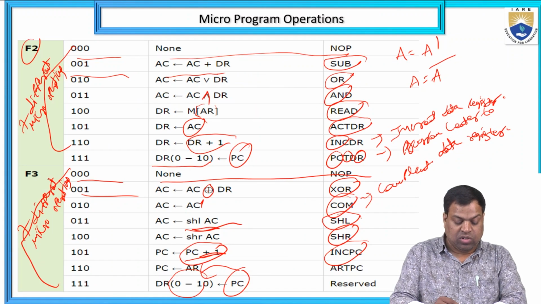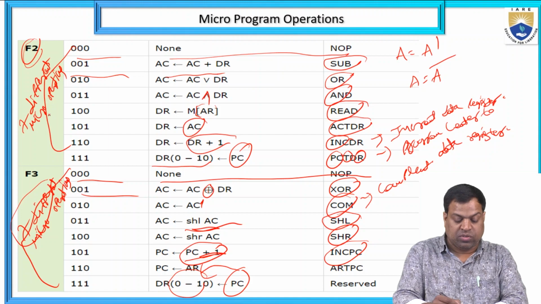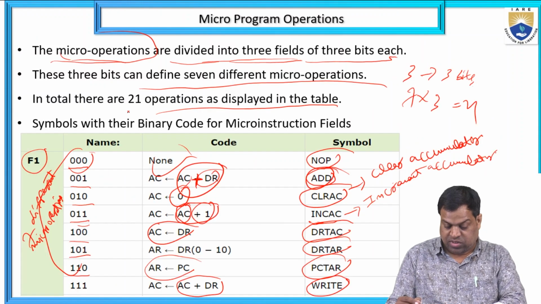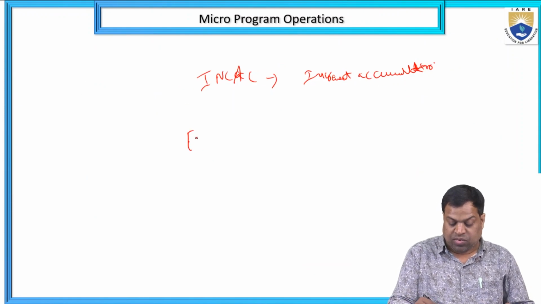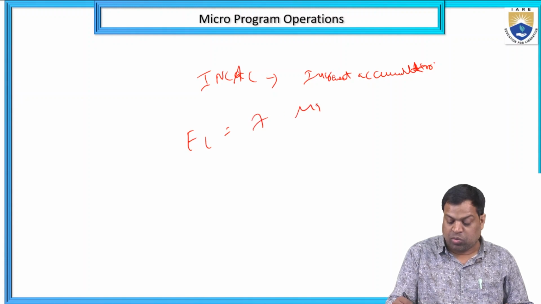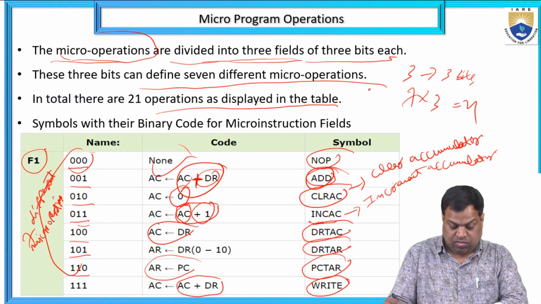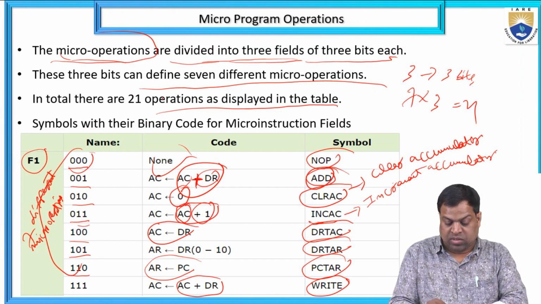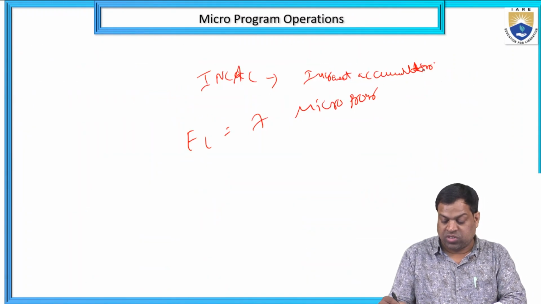So how many are there now? Here F1 is 7, F2 is 7, F3 is 7. So F1 equal to 7 micro operations, here 7 different micro operations.